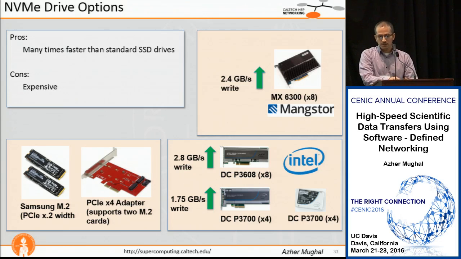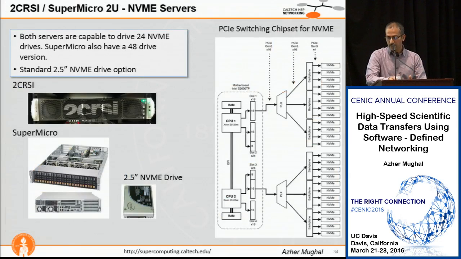And using the M2 PCI cards from Samsung, there's a small adapter. You can put those M2s together on a single adapter and take benefit of having two M2s on a single PCI slot. So we also need to look at that if you are bundling together a lot of NVMe drives, whether the same motherboard or the same PCI structure will remain there, or you need a different set of chipsets now.